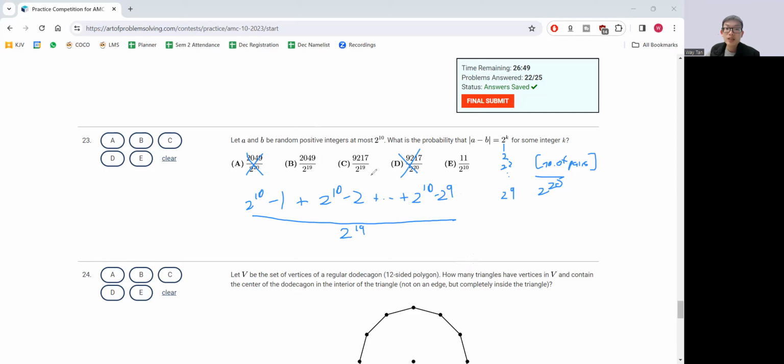And that is going to be 10 times 2 to the 10 minus the sum from 1 to 2 to the 9, which is 2 to the 10 minus 1. So this is 9 times 2 to the 10 plus 1, which is 9217. Okay, so that's why that weird number down there.